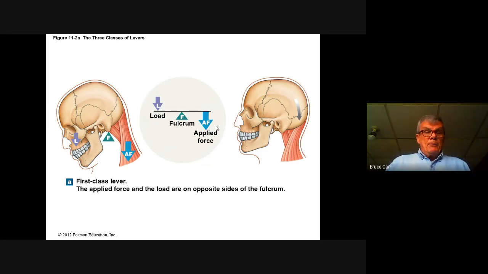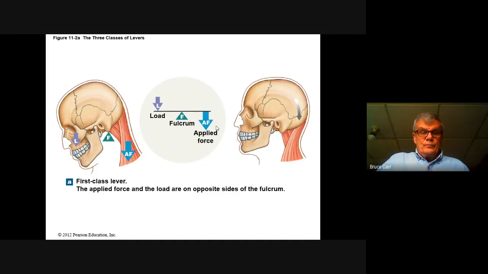This is a good example of how mechanics, the physical properties of the universe, things like mass and leverage, can be applied and must always be observed within the body. This is an example, and don't worry too much about the definitions and these particular joints.